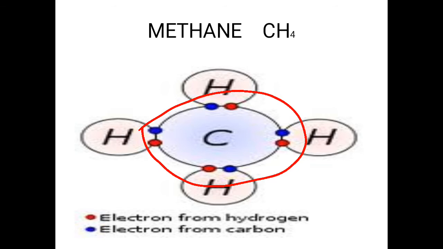Means the carbon atom is mutually sharing its electrons with 4 hydrogen atoms to complete its octet. And each hydrogen atom just needs 1 electron to complete its doublet. So here you can see 4 single covalent bonds are formed between carbon and hydrogen atoms.